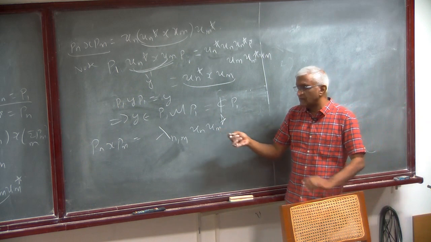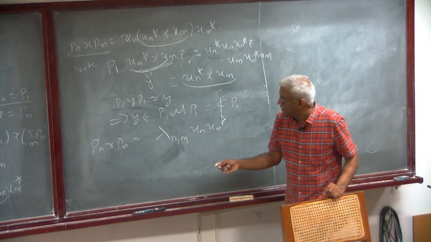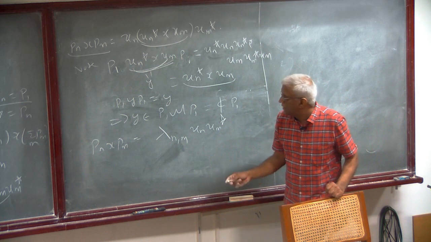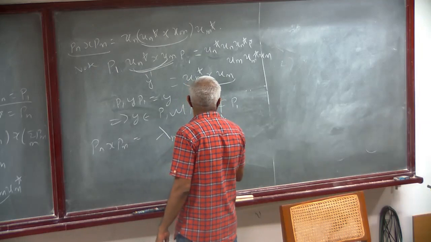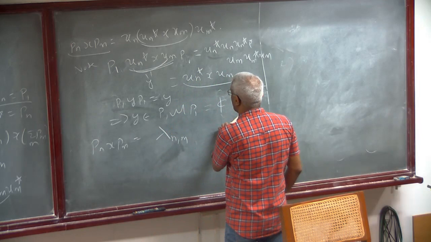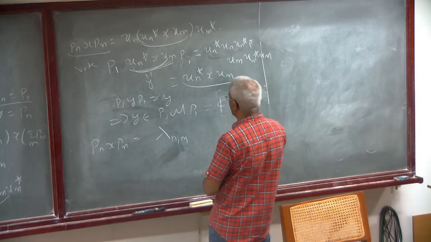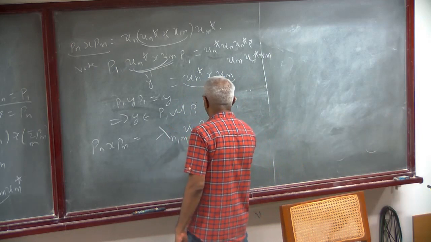This star acts on the range of P1. Where does P1 go? Sorry, times P1. P1 will be in the middle, right? U1, P1, Un, P1, Um star.